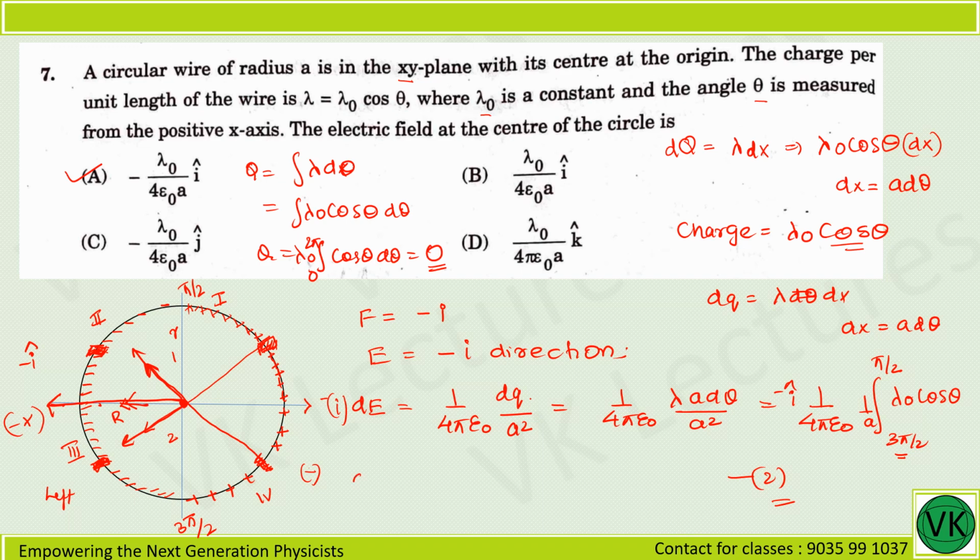This is right, this is left, or you can write due to positive charges or due to negative charges. So that's equal to 1 by 4 pi epsilon naught, 1 by a, integral from pi by 2 to 3 pi by 2 of lambda naught cos theta.